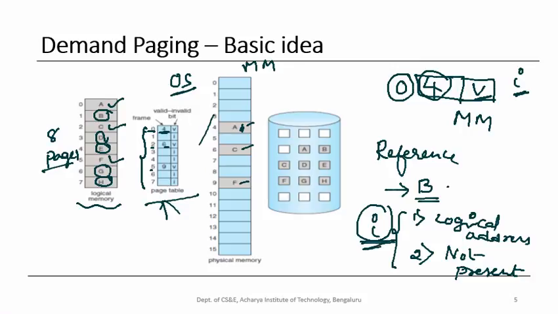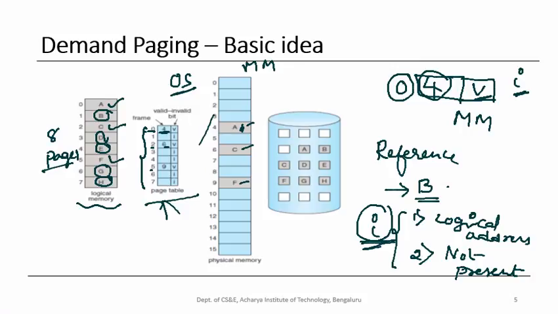In this case, for B it is I, because of the reason that B is not present in the main memory. Okay, so that means it is not making an illegal reference to page B. So this you have to understand.